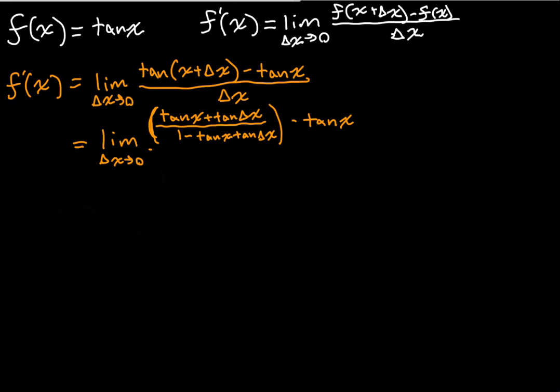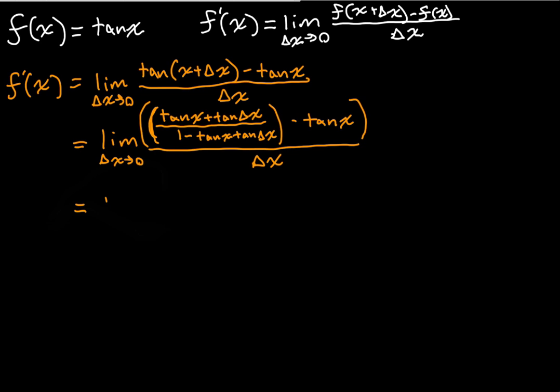Now we're subtracting tangent of x and dividing by delta x. Now what I'm going to do is make some denominators inside of the numerator here, so I'm going to turn this all into one fraction up here.